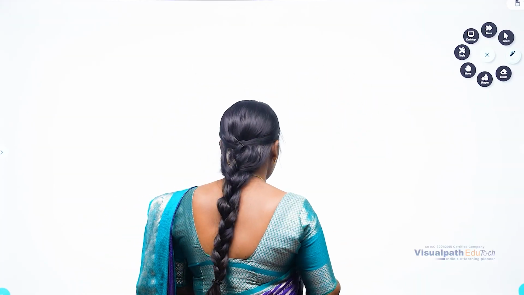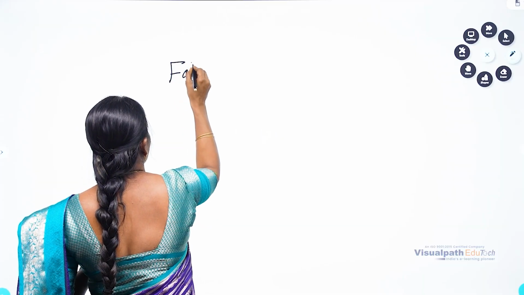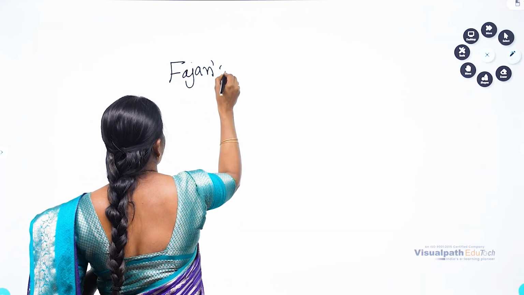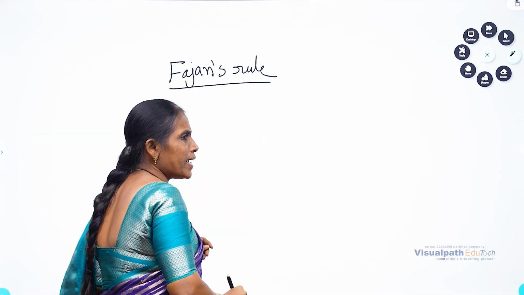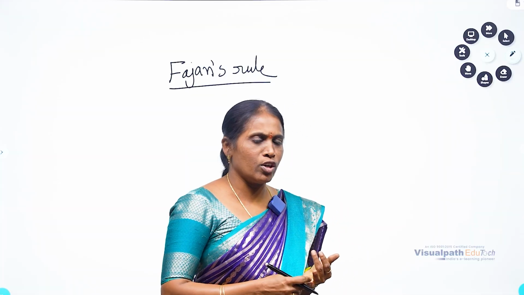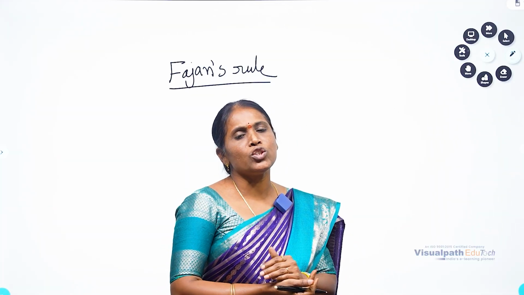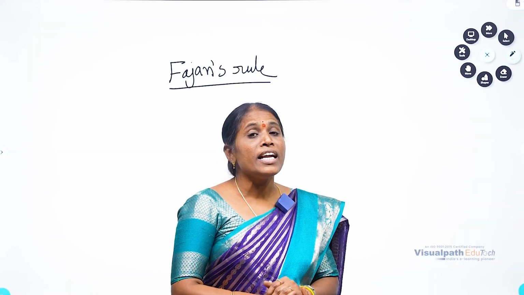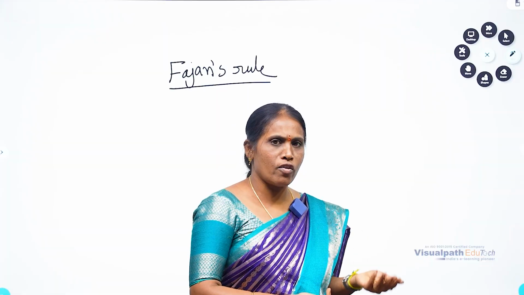Okay, next we see the Fajans rule. In chemical bonds, we see different bonds: ionic bonds and covalent bonds. This Fajans rule is useful to explain the nature of the bond, whether it is an ionic bond or a covalent bond.